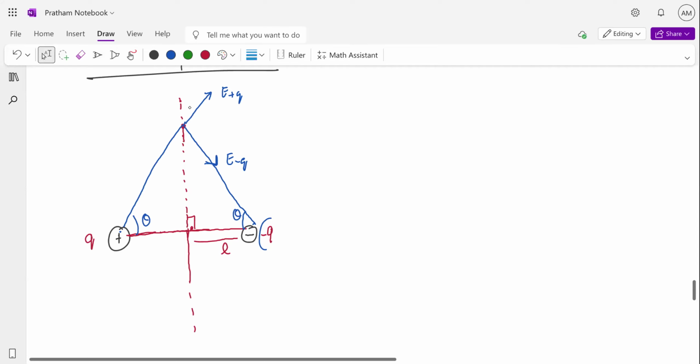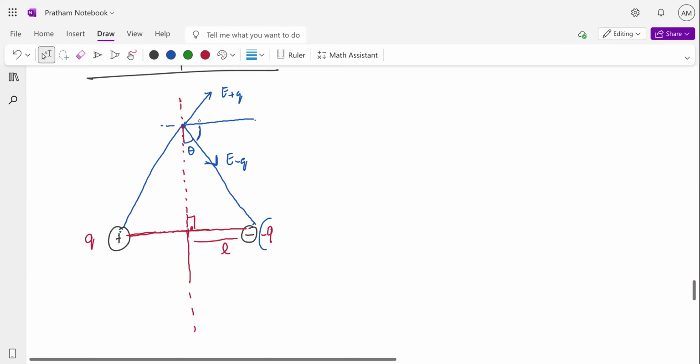Now, let's say this is theta. If this is theta, what angle will this be? It will be 90 minus theta.